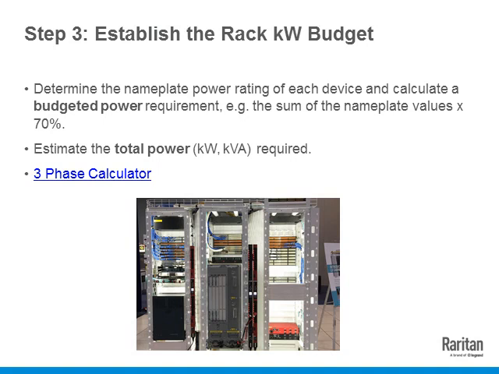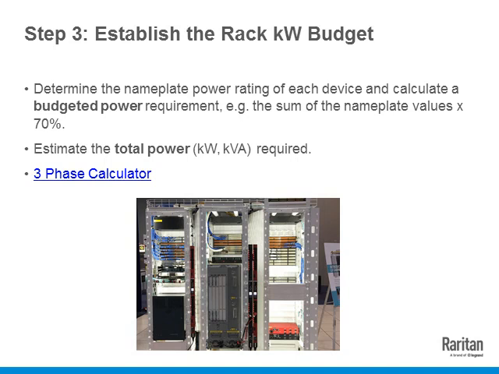In step 3, we take a look at the power requirement of all these devices that we saw in step 2. We look at the nameplate value, and there are certain ways you can estimate the power requirement for a rack. One of the ways that we have found is using the nameplate value at 100%.